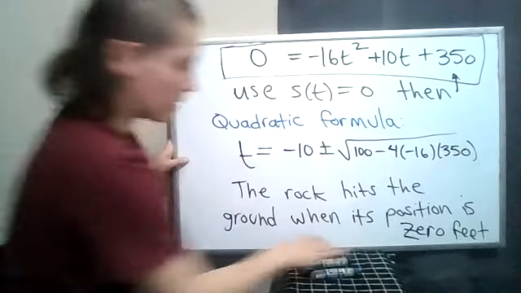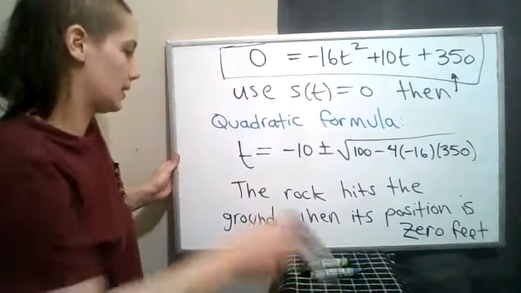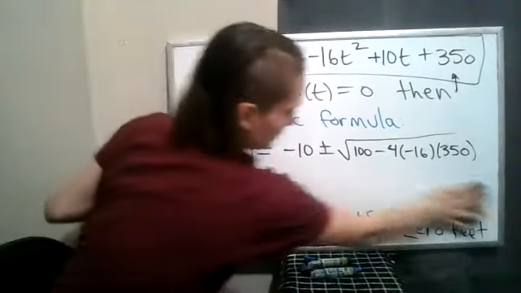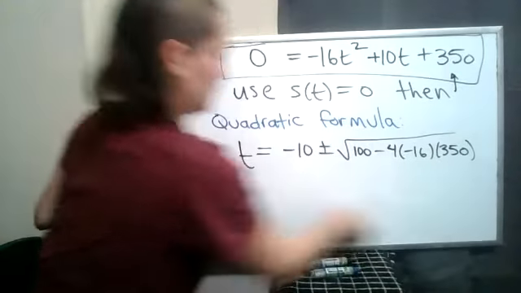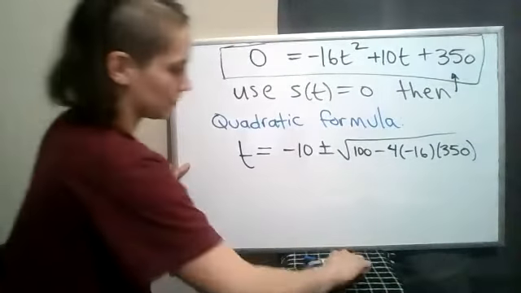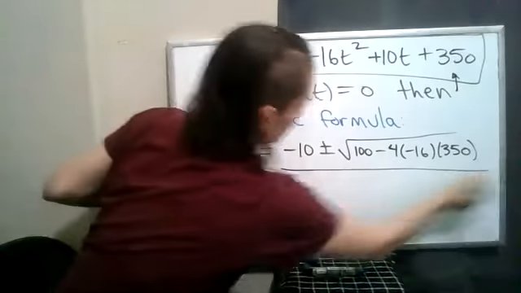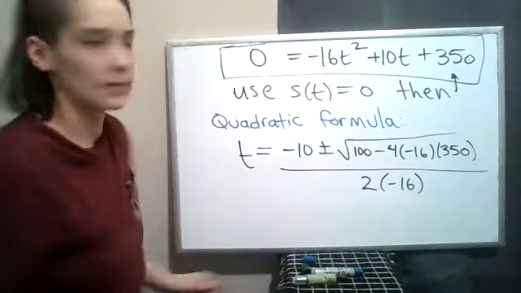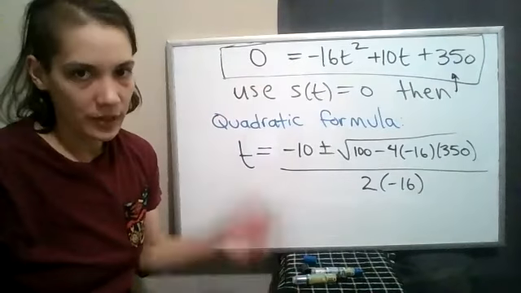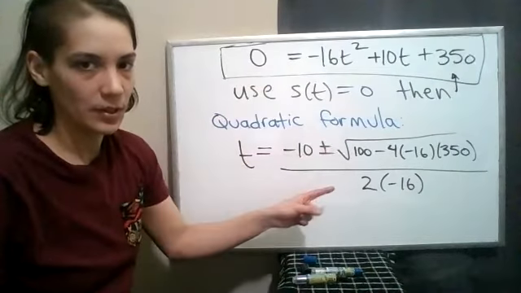Okay, divide it all by 2a. So you get two numbers, one where you add that root and one where you subtract the root.